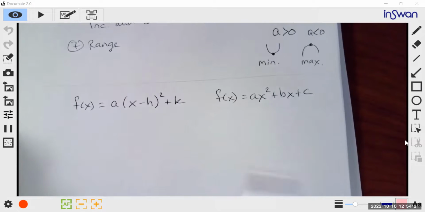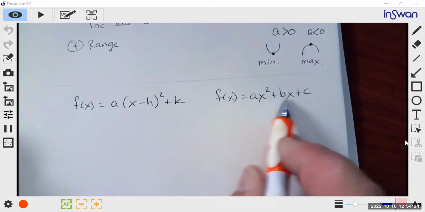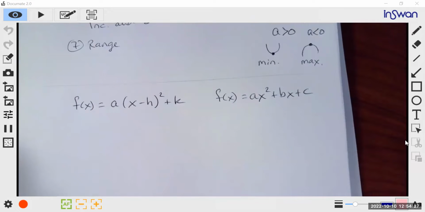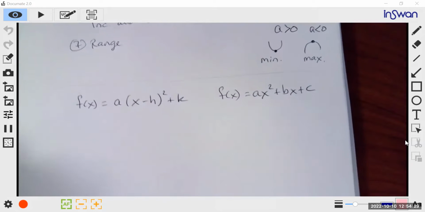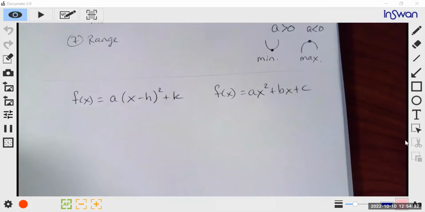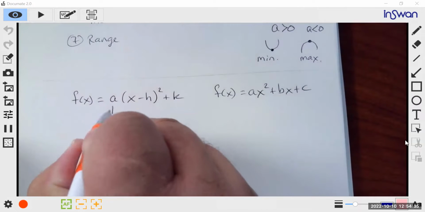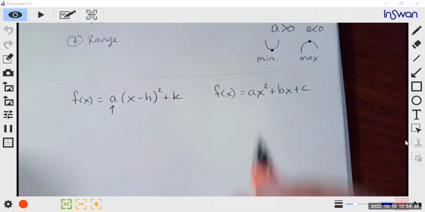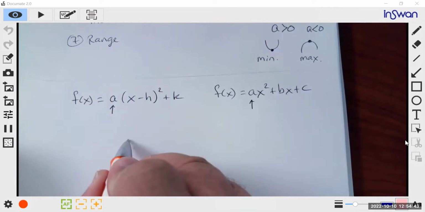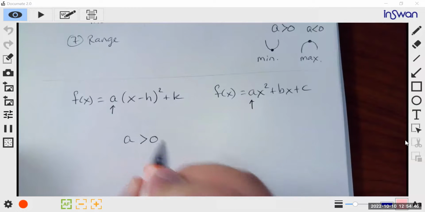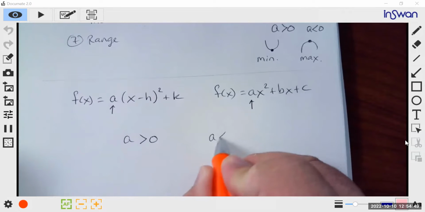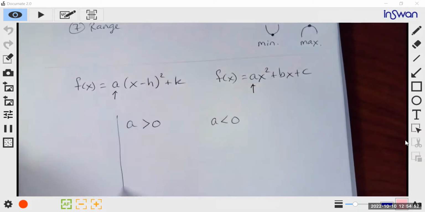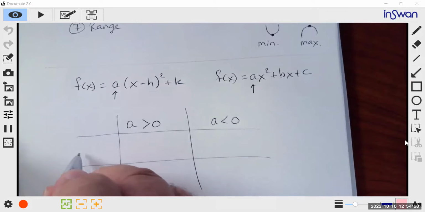So these are my two ways. This is the vertex form. This is the standard form. So if the coefficient in front of the parenthesis, the leading coefficient, A, is positive or A is negative, let's look at the graph.